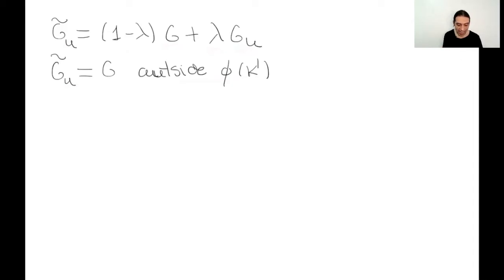So we have in any neighborhood of capital G, either for the weak or the strong topology, maps of the form capital G_U tilde, okay? So that's going to be plenty useful when trying to prove the density result.